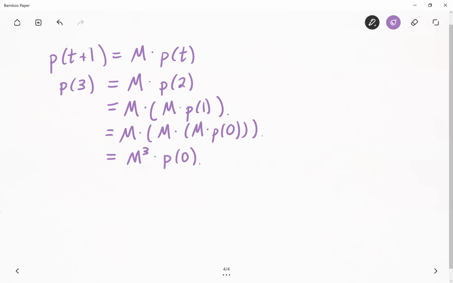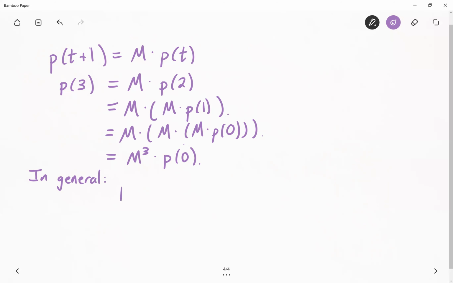Right, so to calculate the population in year 3, that's the same thing as starting with your initial population, the population at time 0, and multiplying it by m cubed. And this pattern will hold in general. So in general, what do we have?